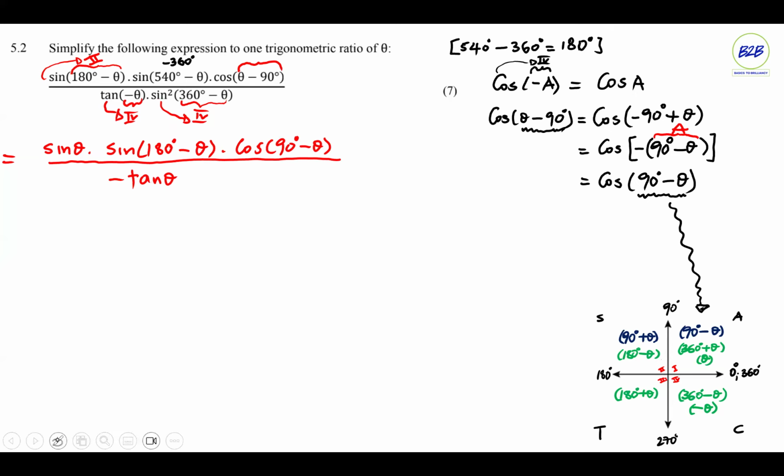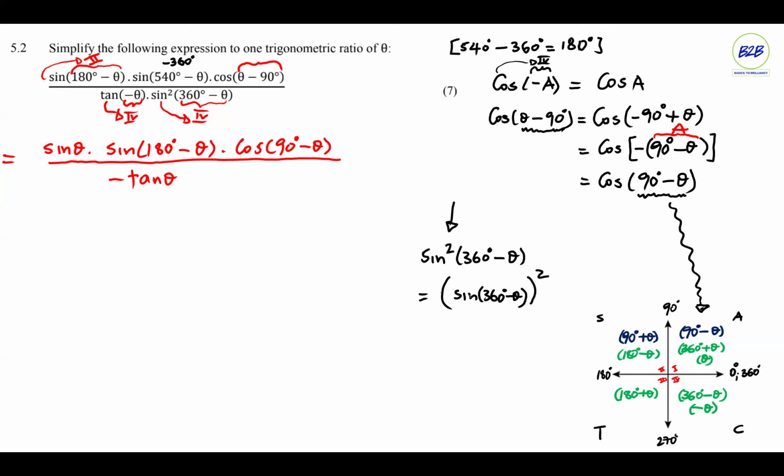But be careful. Be really, really careful. So there we have sine squared of 360 degrees minus theta. The square, that is why we must be careful, because of the square. So simply put, this is sine of 360 degrees minus theta, and the square is outside.